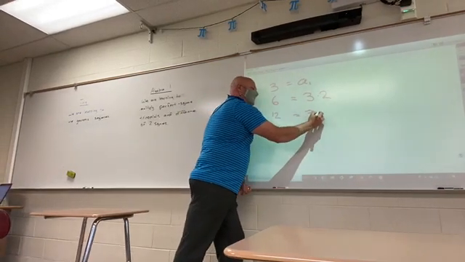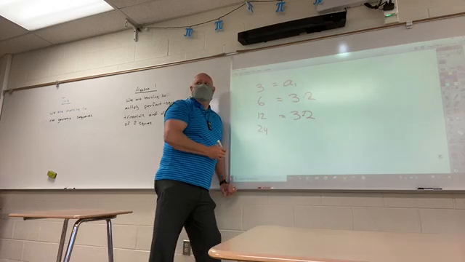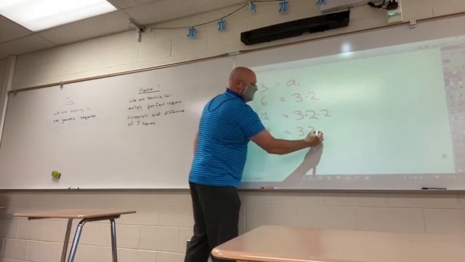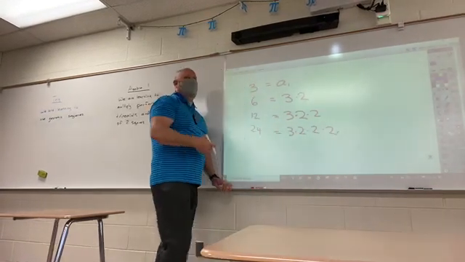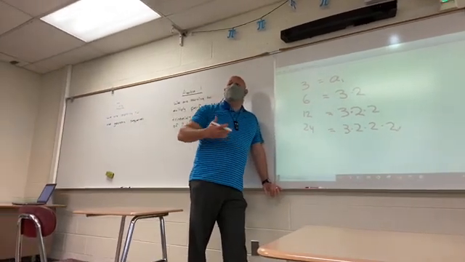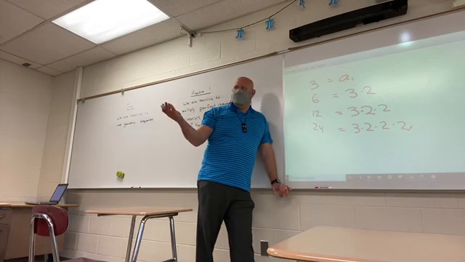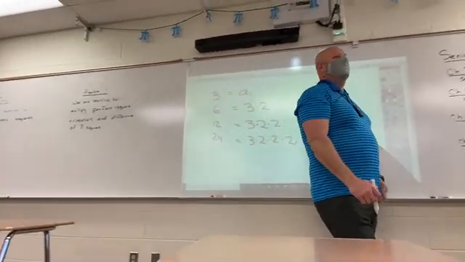I took the 3 times the 2 and I times that by 2. And then I took the 3 times 2 times 2 and I times that by 2. So now instead of repeated addition, now we're doing repeated multiplication. What's our shortcut to do repeated multiplication? Exponents. So yes, these are going to have exponents in them.